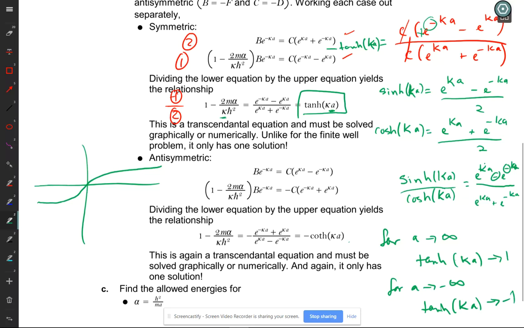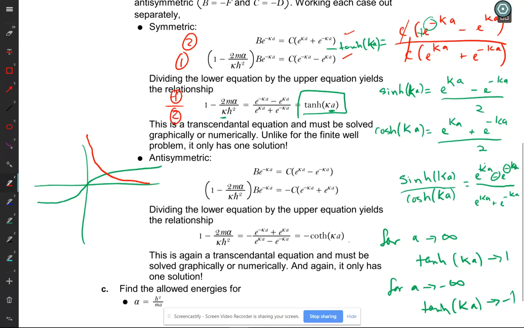Note the tanh kappa A has a function like I just drew. And if I graphed 1 minus 2m alpha over kappa h squared, that's 1 minus a 1 over kappa. Well, I'm going to erase this, but here's what 1 over kappa looks like.